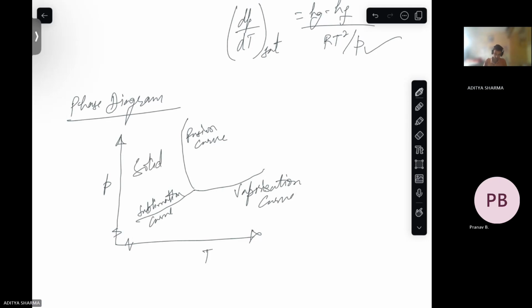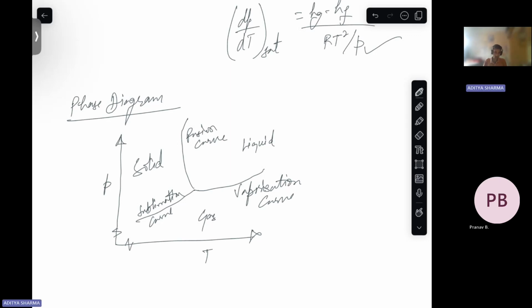Here we will have the solid state, here the liquid state, and here the gaseous state. Fusion means from solid to liquid, vaporization is liquid to gas, and sublimation is solid directly to gas.